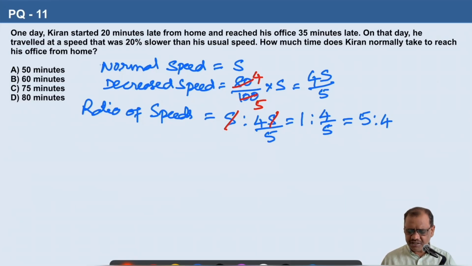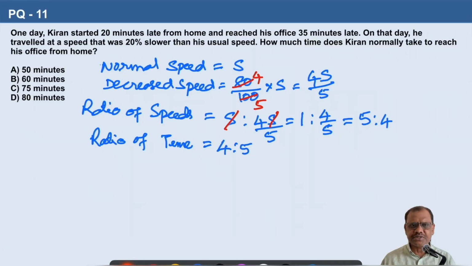Now we have studied in the concepts that speed and time are inversely proportional. So ratio of time is the inverse ratio of speeds. The inverse ratio of 5 is to 4 is 4 is to 5.